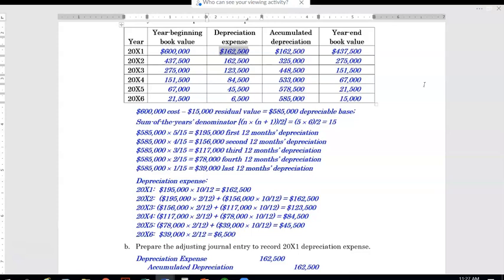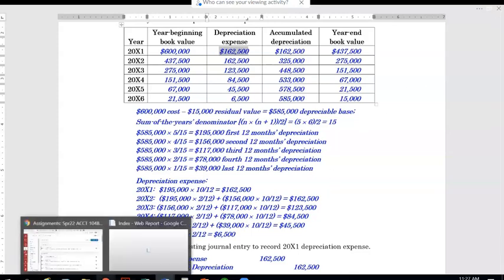The moment you earn your designation, just like me, I'm a CPA, or if you are an enrolled agent, you have to have the continued education to keep your designation on an annual basis.